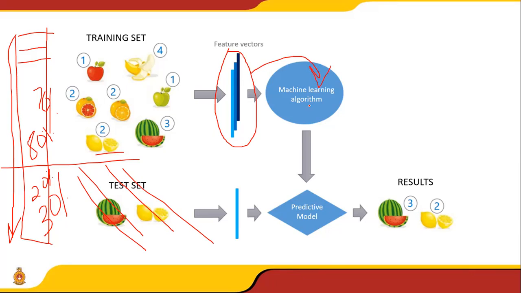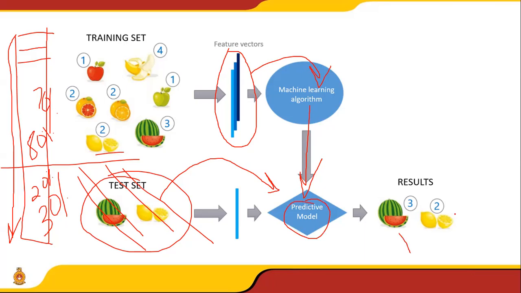Then we are developing this predictive model. For the predictive model we have some test data. The original data is divided, right? This data is not shown during the machine learning algorithm development. But in this case we apply this data and find whether my model can predict correctly or not.